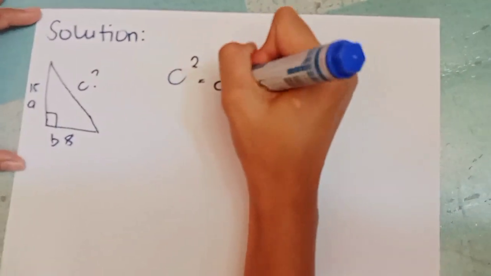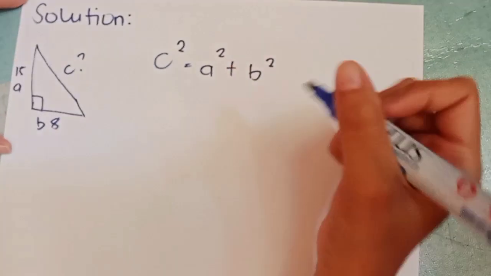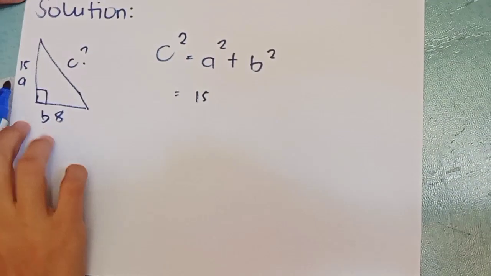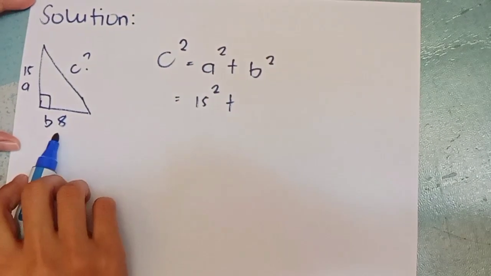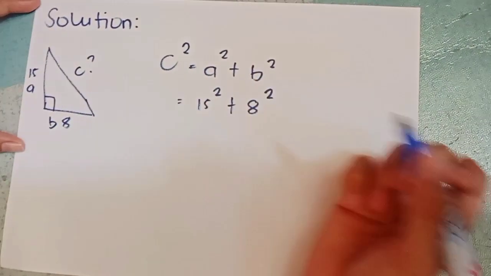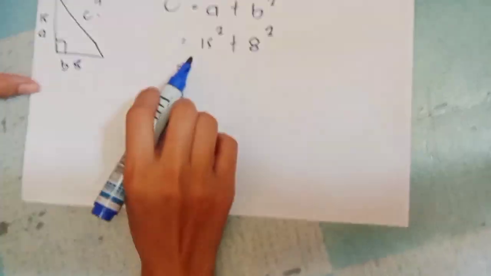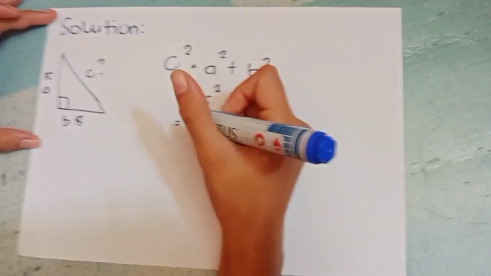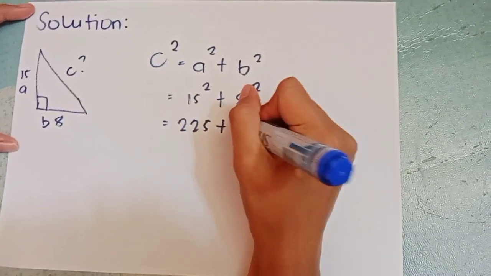C squared equals A squared plus B squared is our formula. A squared is 15 squared because our A here is 15. The value of B is 8, so that would be 8 squared. 15 squared is 225 plus 8 squared is 64.